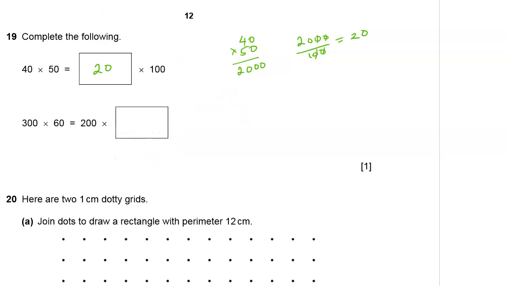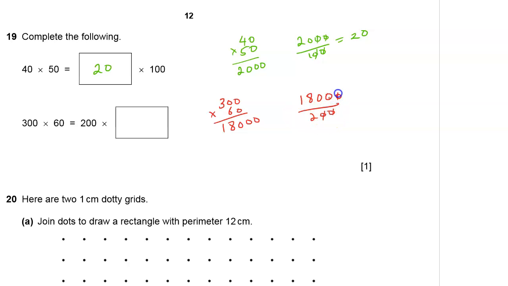Next one, 300 times 60. 300 multiplied by 60 will give us 18,000. And what number do we multiply by 200 to get 18,000? To get the number, we need to divide 18,000 by 200.